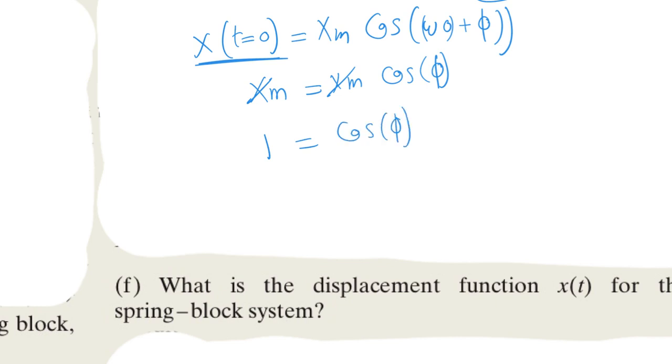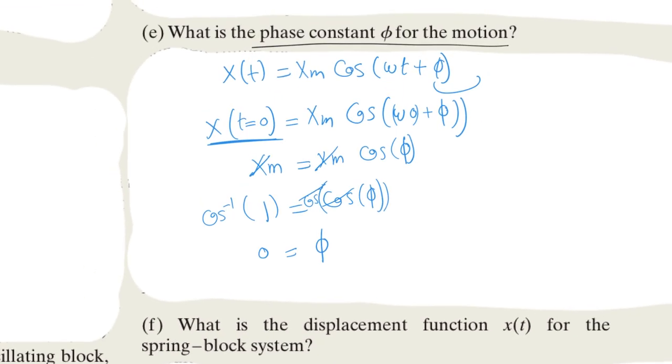Now we take the inverse cosine for both sides, so phi remains. The inverse cosine of 1 is 0, so the phase constant for this motion is equal to 0 rad, because this is an angle.